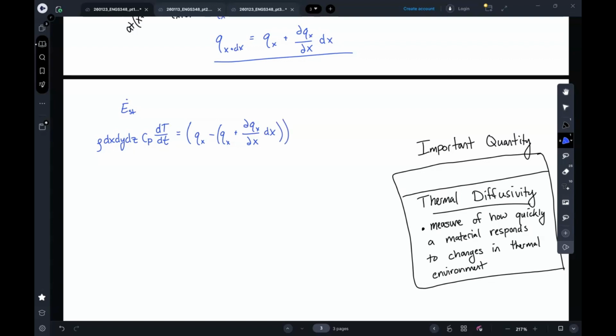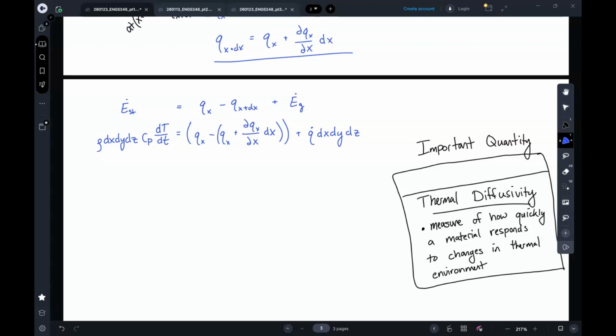Plus generation, so this is equal to qx minus qx plus dx plus generation, which is the volume times the rate of heat generation per unit volume.